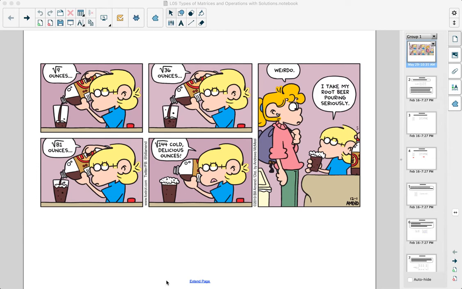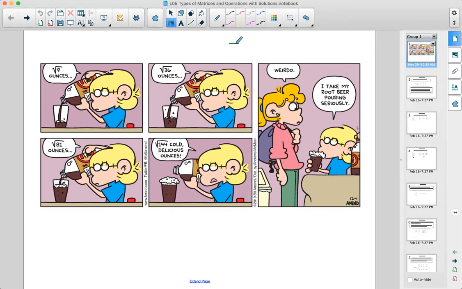As per usual, we'll start with a little humor, so I'll let you read that Foxtrot comic for the day. All right, so hopefully that was enough time. If it wasn't, you can pause.